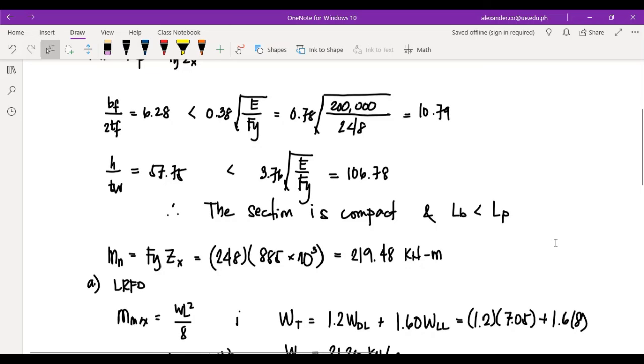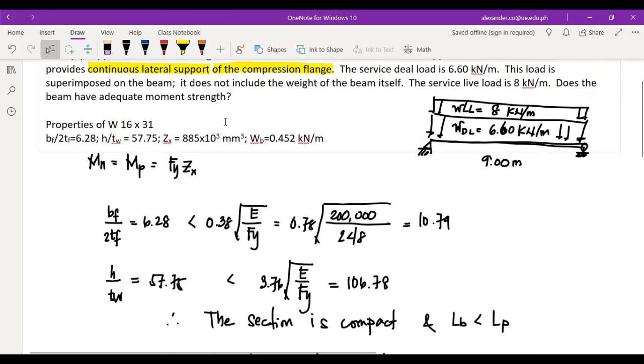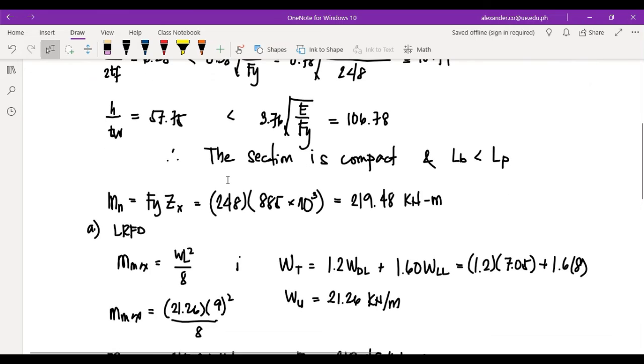Automatic nominal moment is equal to Mp, which gives you the yield stress times Zx. Discuss ko na yan previously, how to solve for Zx if the section is built up shape.